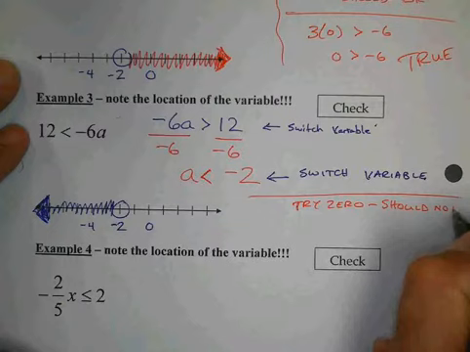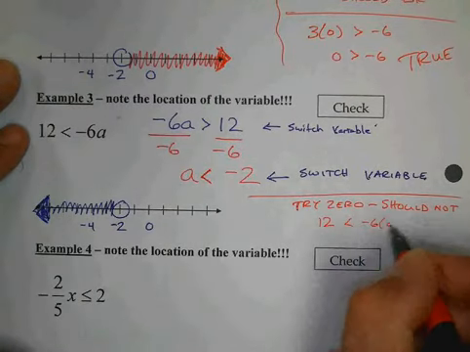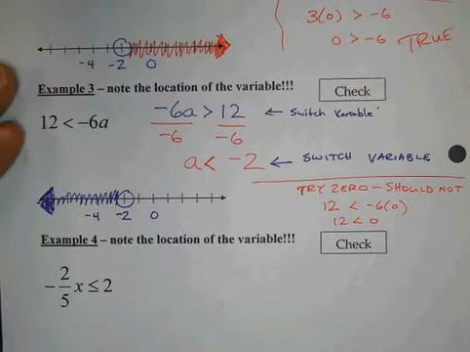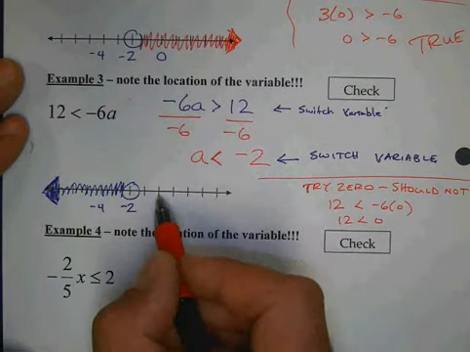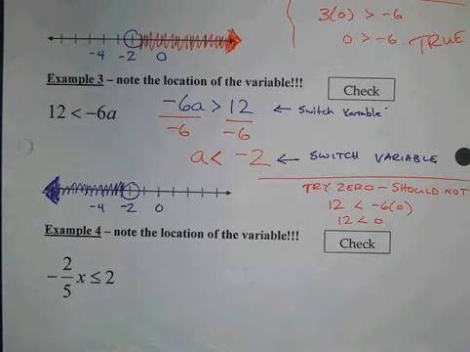Let's see. Is 12 less than negative 6 times 0? Is 12 less than 0? Is that true? Obviously, it's not less than 0. So should the number 0 be shaded? No. And that's good. But we switched it twice, back and forth.